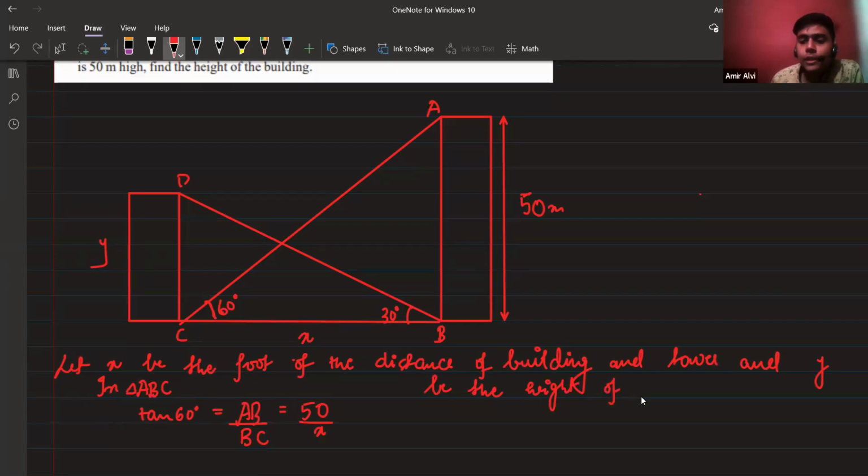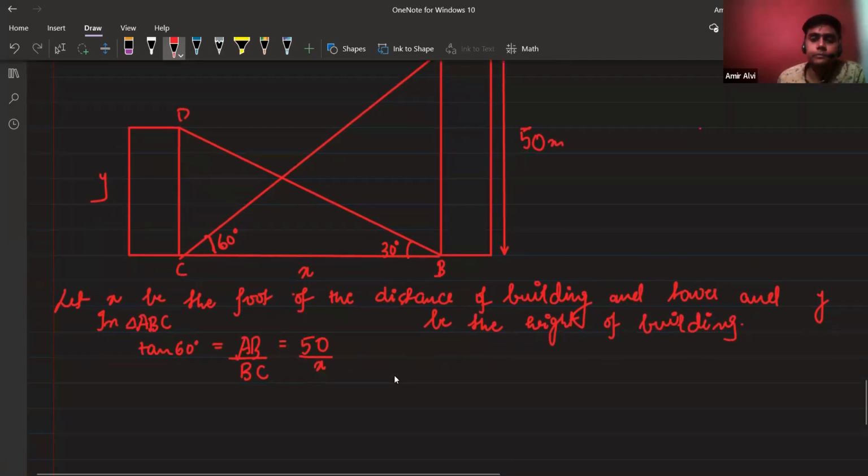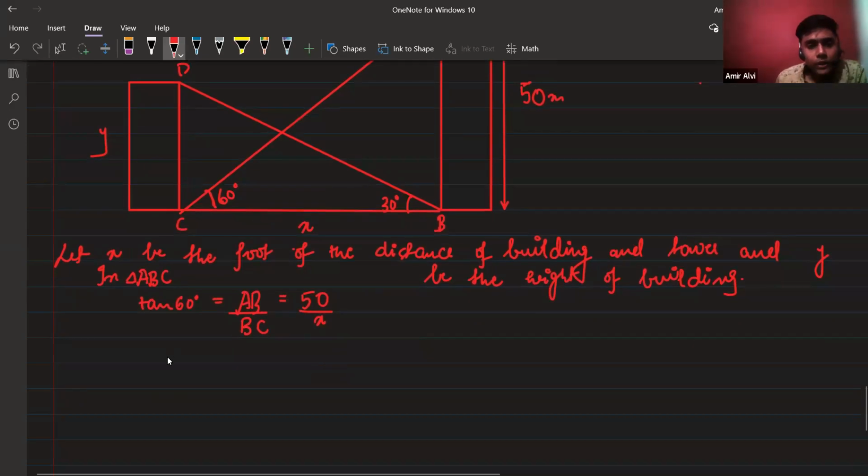These statements should be written because otherwise how will the teacher know what x is and what y is, of the building? Okay. So tan 60 is what? Root 3, and it's 50 by x.